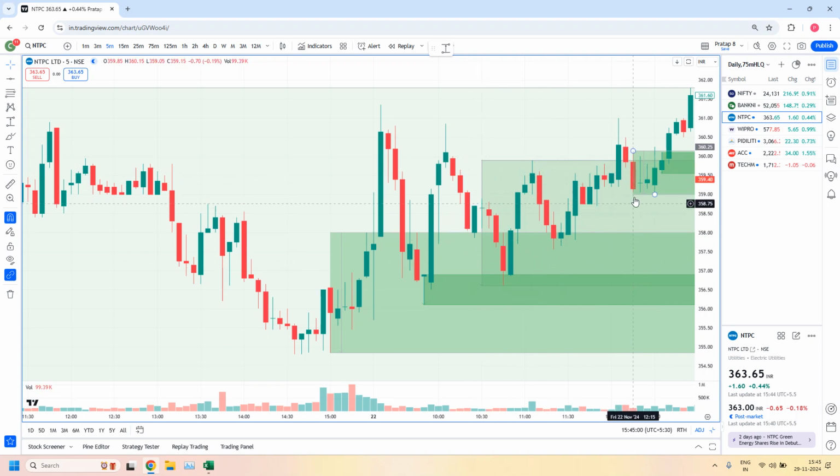See, generally the overlap will take place exactly in the middle of this zone, or maybe at the proximal line, maybe at the distal line. Anywhere it will happen. The distal line overlap, if it is coming out of the zone, at least, and if the zone is created well before your higher time frame zone creation, we call it a lower time frame zone, as an horizon to the higher time frame zone.